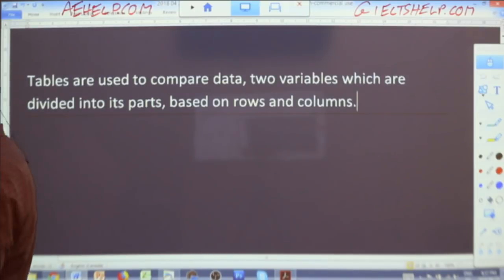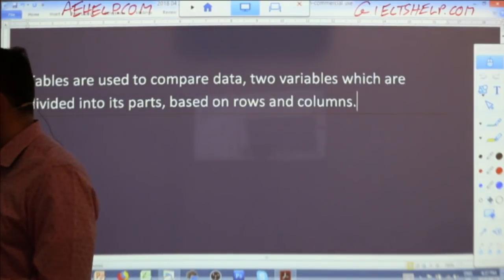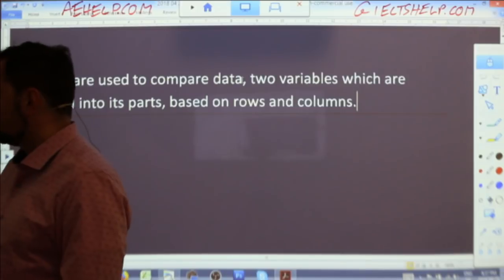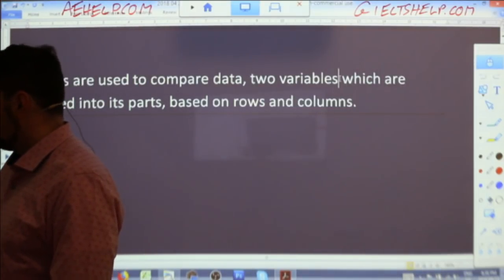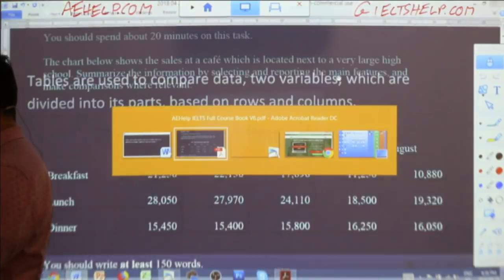Okay, so tables are used to compare data, two variables, which are divided into its parts based on rows and columns. Okay, that's what tables are generally used for.